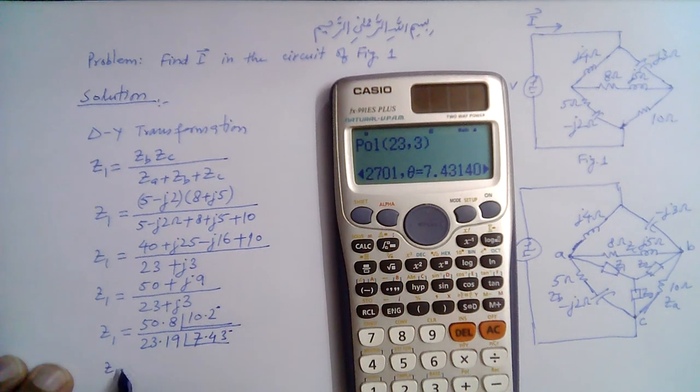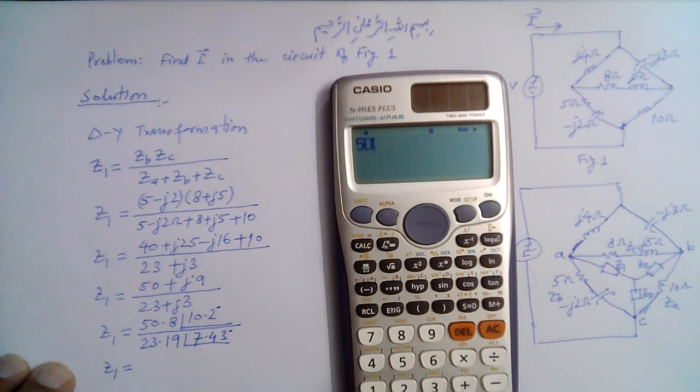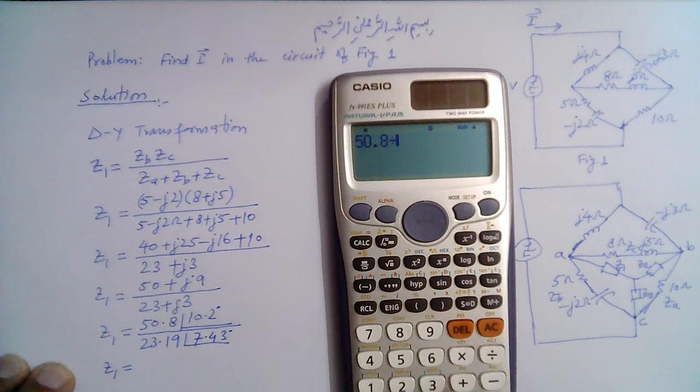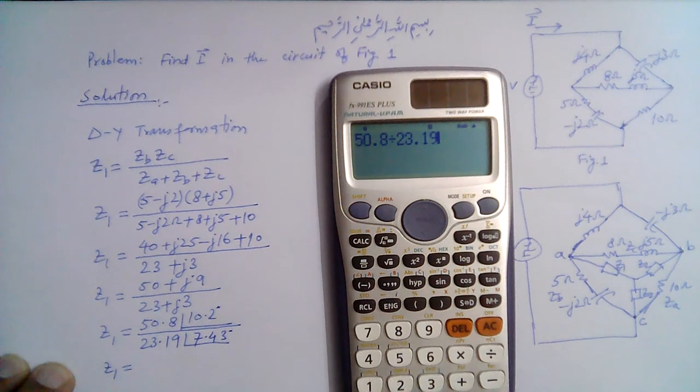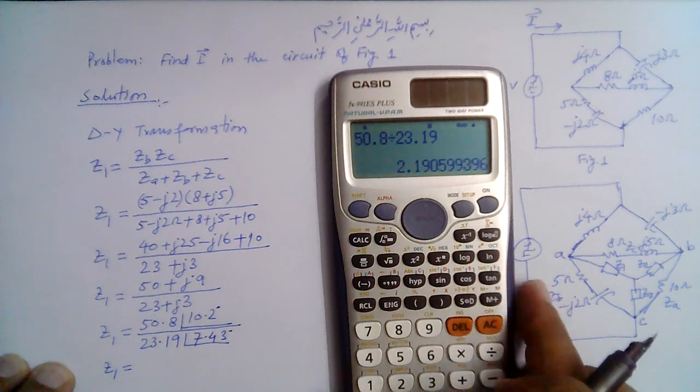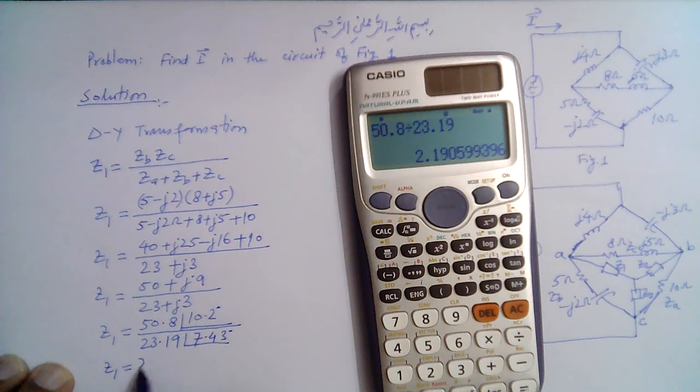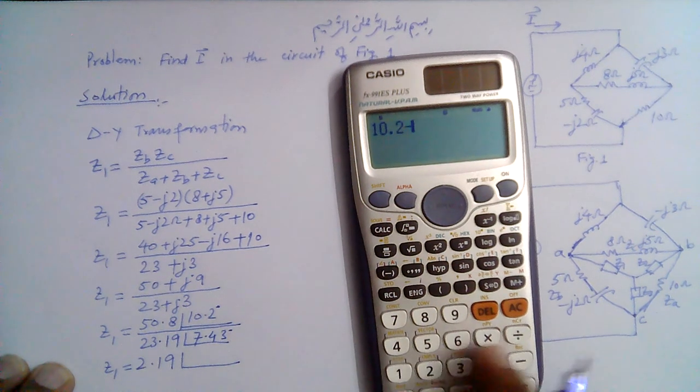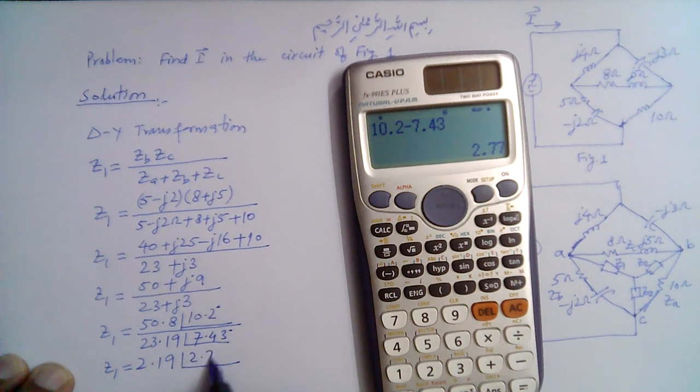So Z1 is equal to 50.8 divided by 23.19, which is 2.19, and the angle is 10.2 minus 7.43, which is equal to 2.77 degrees ohm. So let's express this in rectangular form also.